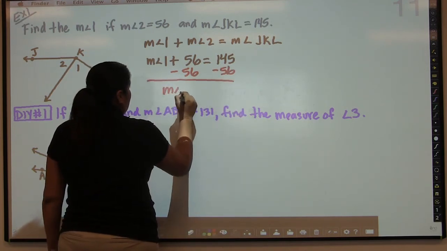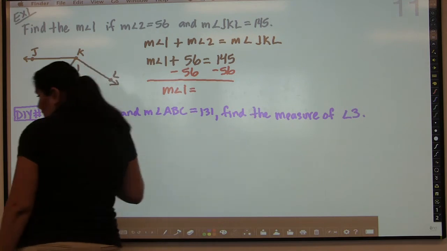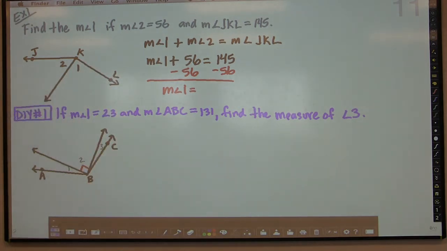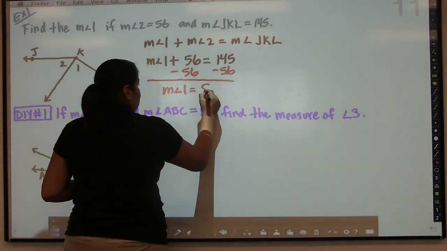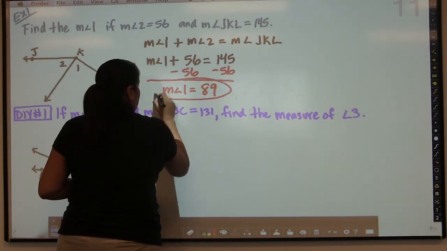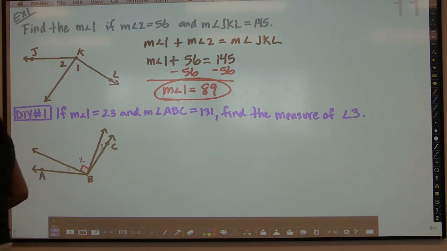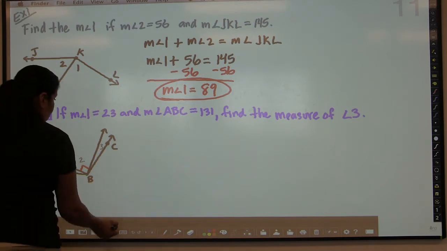The measurement of angle 1 is equivalent to 145 minus 56, which in fact is 89. So now we know that the measurement of angle 1 equals 89. Now if you will go ahead and try to do number 1 yourself, which is right here below, then we will continue.